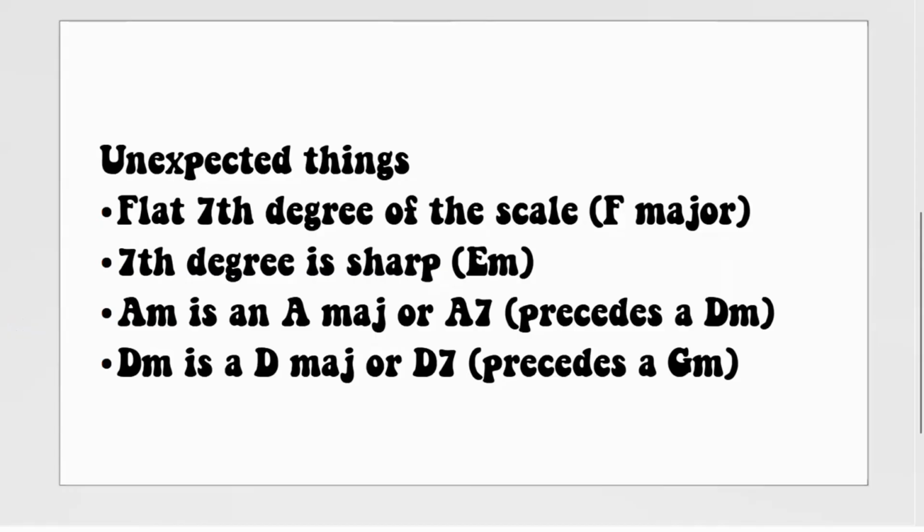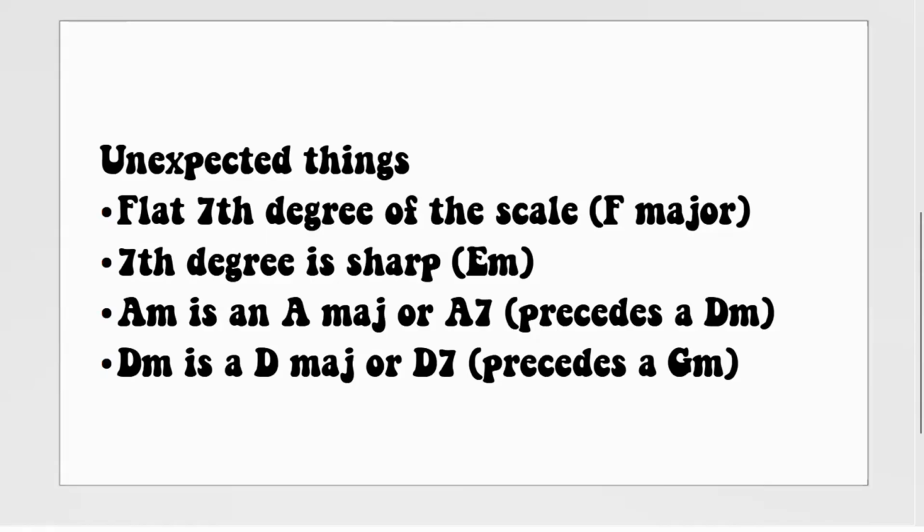So here's what we'll look at today: some unexpected things. So we'll see some hymns that use the flattened seventh degree of the scale, and these are all in F major. And we'll also see some that use the sharpened seventh degree of a scale, and that's always in E major, or almost always.